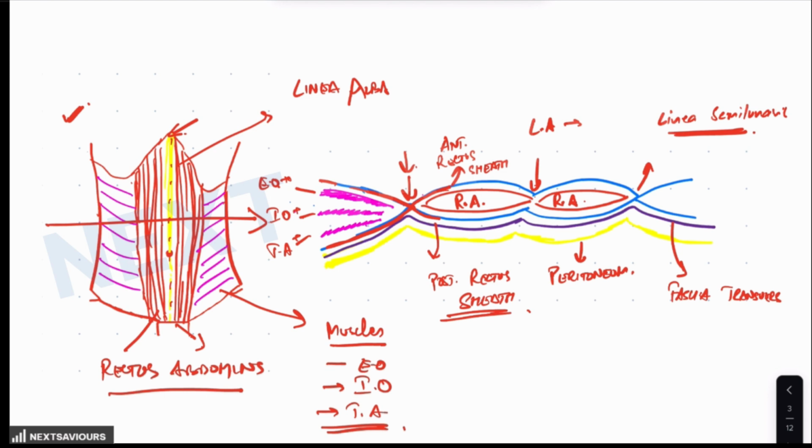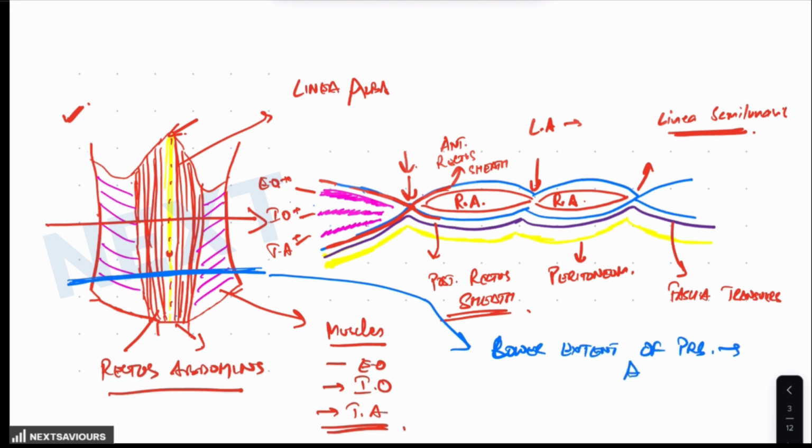Somewhere in between the umbilicus and the pubic bone, the posterior rectus sheath becomes deficient. This is actually the lower extent of the posterior rectus sheath, which is called the arcuate line.